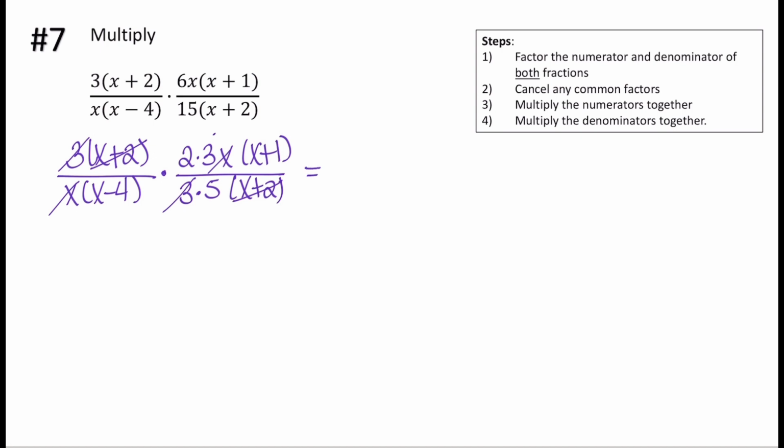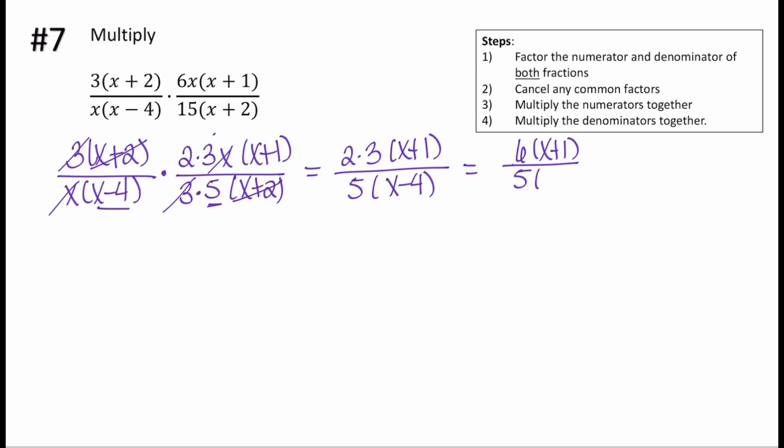In the numerator, we have 2 times 3, and then we have an x plus 1. And in the denominator, we have this 5, and then we have our x minus 4. If we write this out, we just have 6 times x plus 1 over 5 times x minus 4. And that is our final answer.